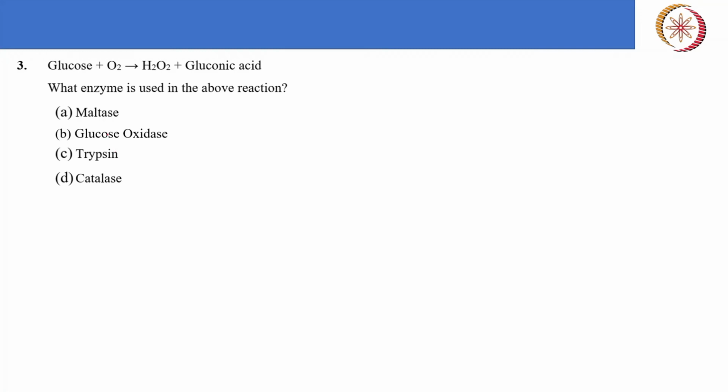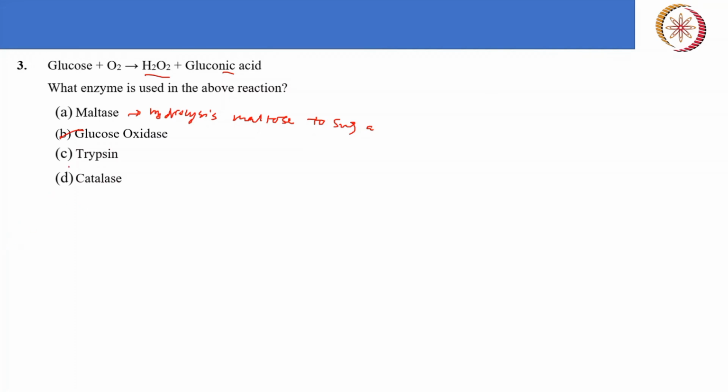So basically if we discuss one by one, maltase, what is the function of maltase? This is hydrolysis of maltose to sugar molecule. Glucose oxidase can transfer glucose with oxygen to hydrogen peroxide and gluconic acid. And trypsin, what is the function of trypsin?